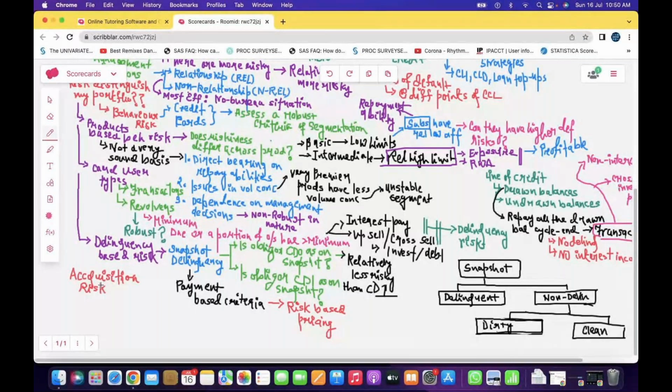Now, the final output of an acquisition model or an acquisition scorecard is the acquisition score, or as people call it, the underwriting score, or many people call it the origination score, and so on.